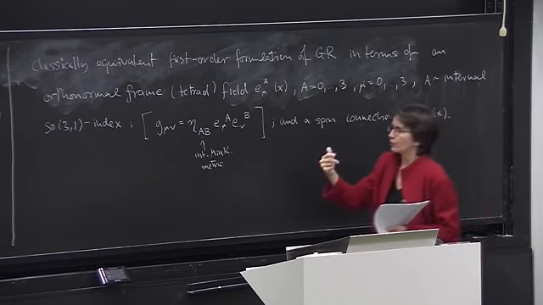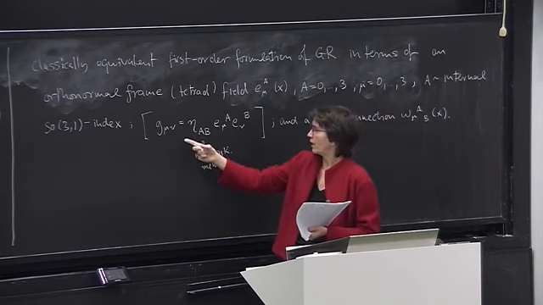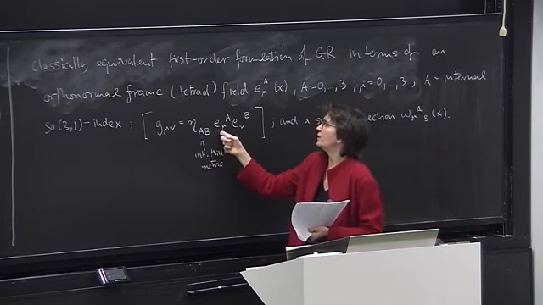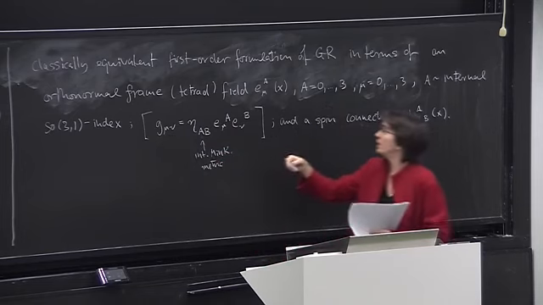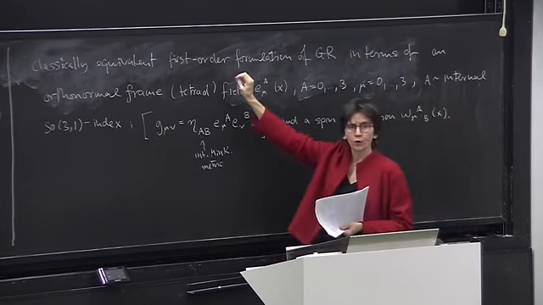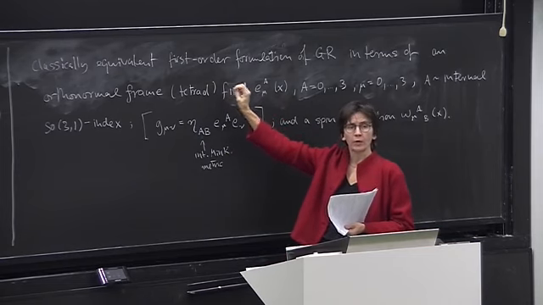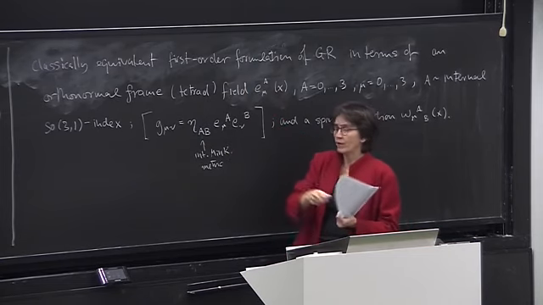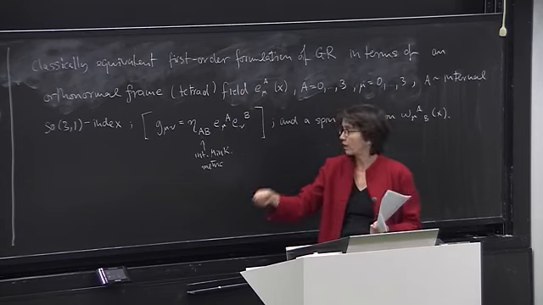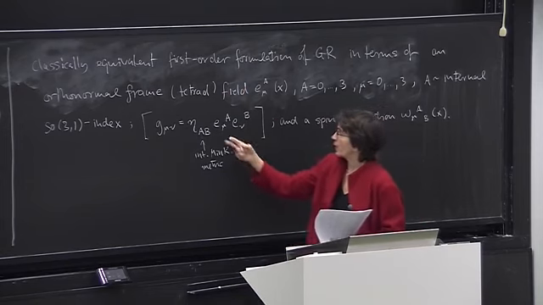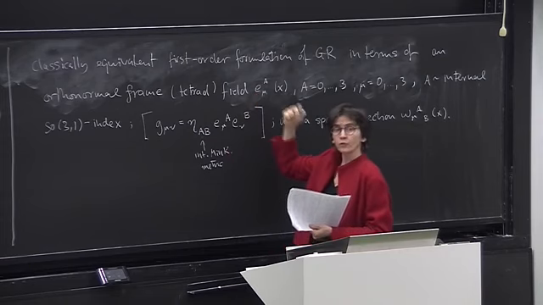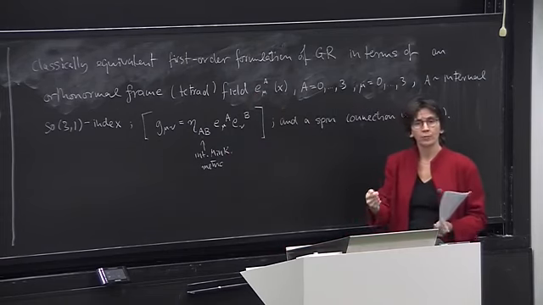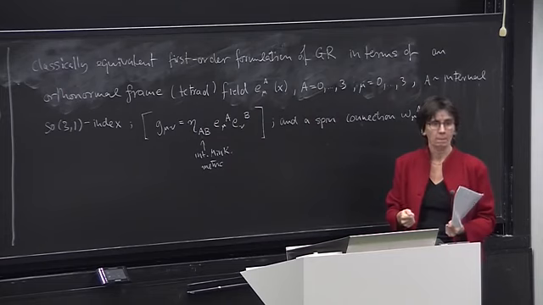So you see, whereas e is a function of the metric, what one means by a first order formalism is one writes down an action, a Lagrangian, which depends on these tetrad fields, plus connections regarded to start with as independent variables, right?